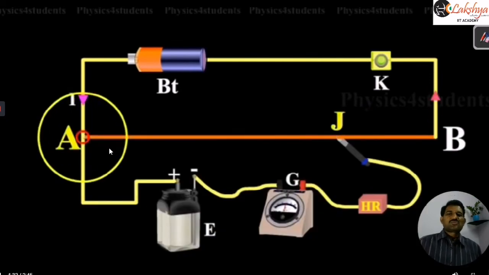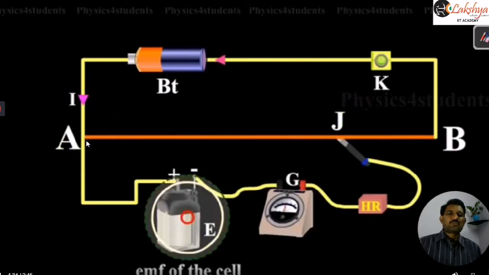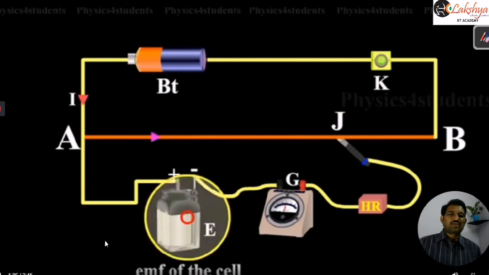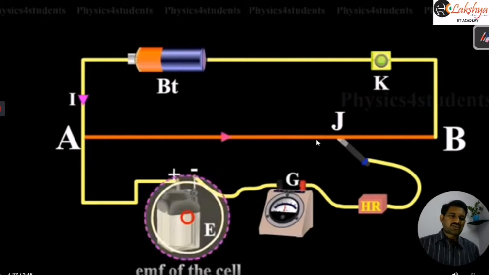Then we press the jockey at point A and point B until the galvanometer shows zero reading. At point A and at point B, the deflections will be in opposite directions. If the connections are correct, we proceed to take the readings, otherwise we check the connections again, as there may be wrong connections in the circuit.